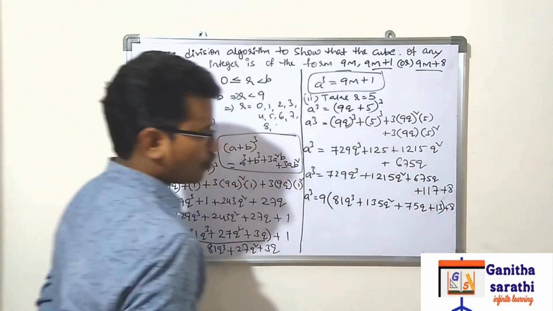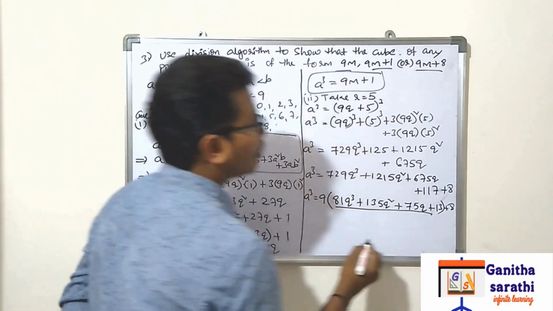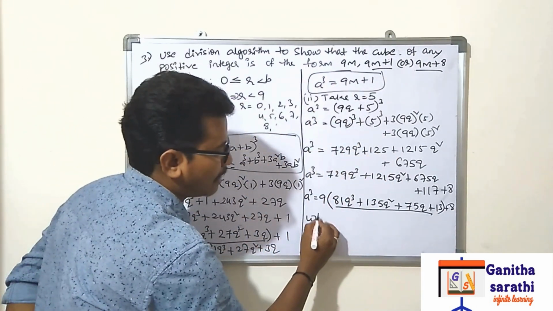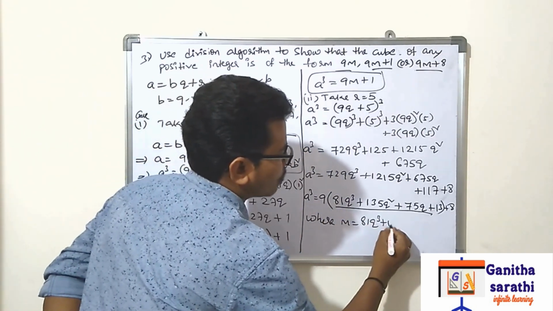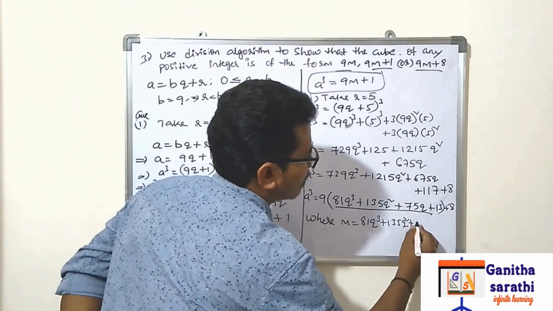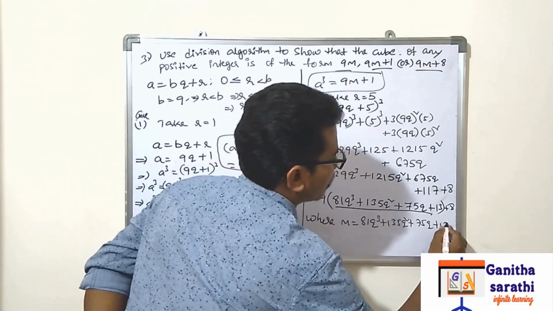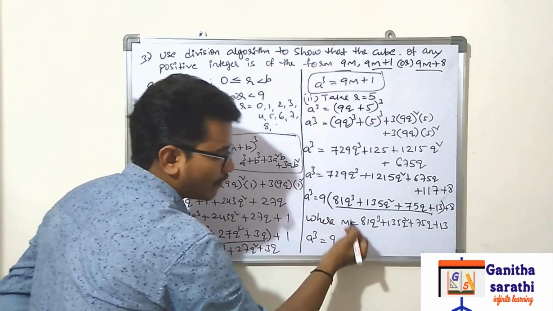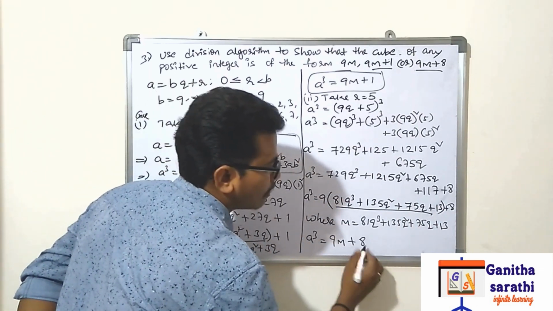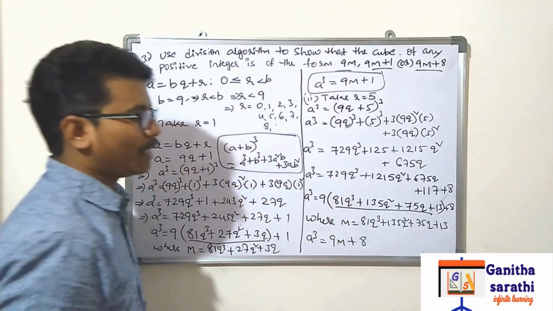Plus 8. So this total value should be equal to what? m, where m is equal to 81 q cube plus 135 q square plus 75 q plus 30. So a cube is equal to 9 into this value, equal to m, 9m plus 8 only, no? 9m plus 8.